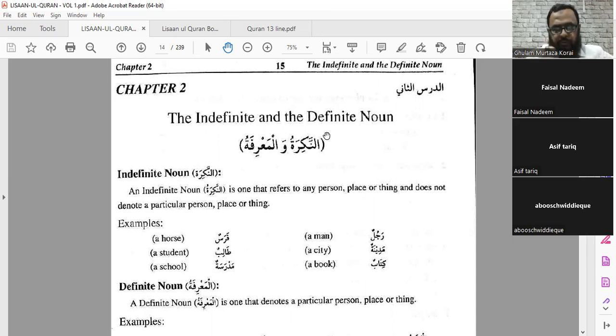And when we talk about al-ma'rifatu, it is a proper noun. A proper noun means a proper name of a person, of a city, of a country, of anything. Any noun name given specifically to that person, place, or thing is a proper noun, not a common noun.